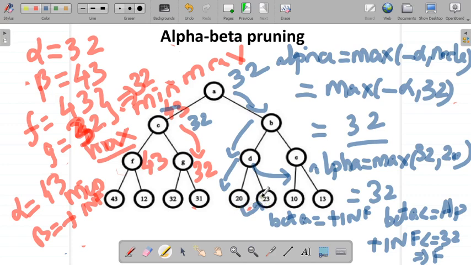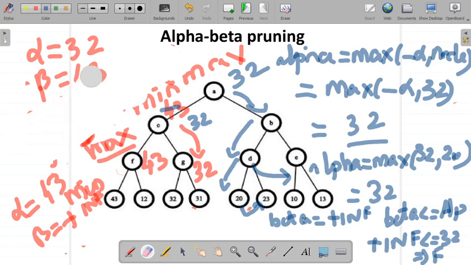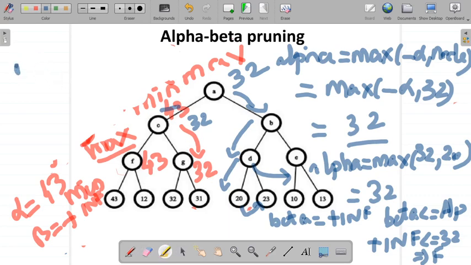So for the right child, we should compute the alpha value. The formula for alpha, we know, is max of, so already the alpha value is 32, the node value is 23 now.